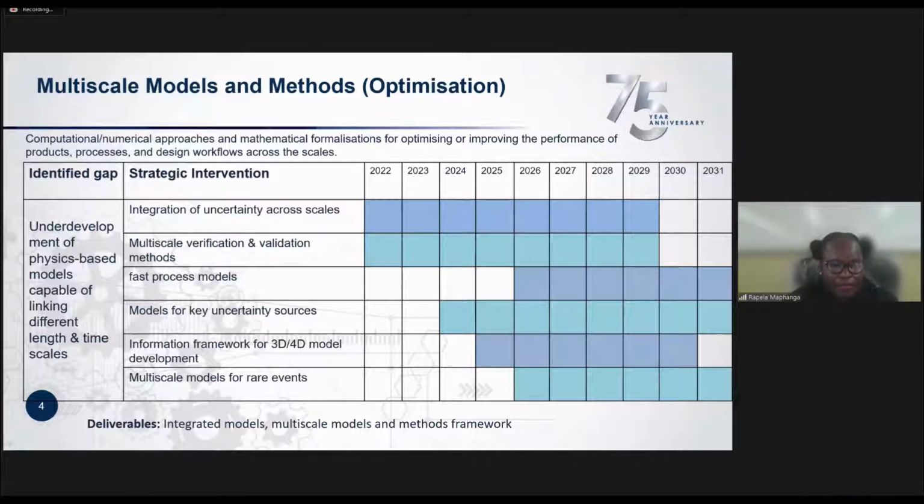Then we've got some examples of the deliverables. We can have integrated models, multi-scale models, and methods frameworks. So this is also an emerging area where it has been realized that yes, we can accurately use the methods at their respective scales, but it is generally difficult to link or couple the different scales. So the program will mainly focus on that.